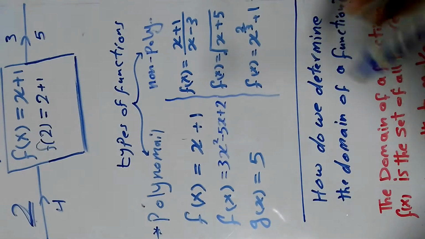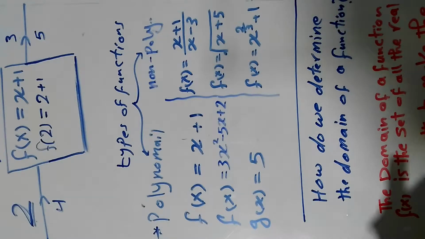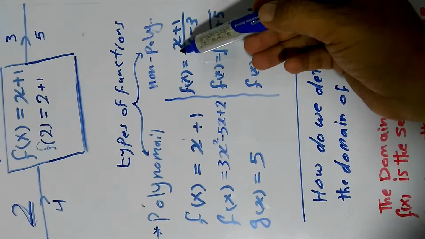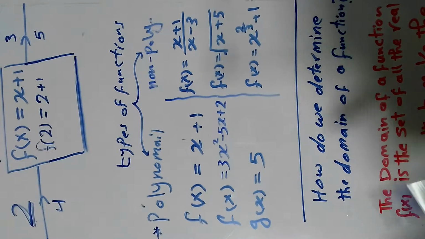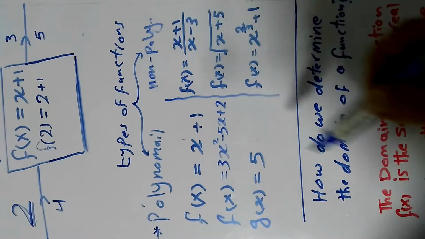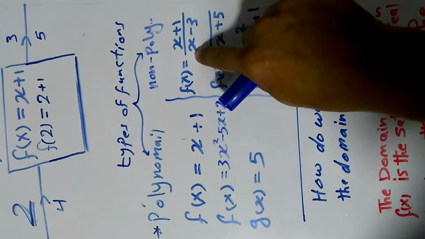On the other side, these are examples of non-polynomial functions. If f of x equals x plus 1 over x minus 3, this is not a polynomial function because there is x in the denominator.